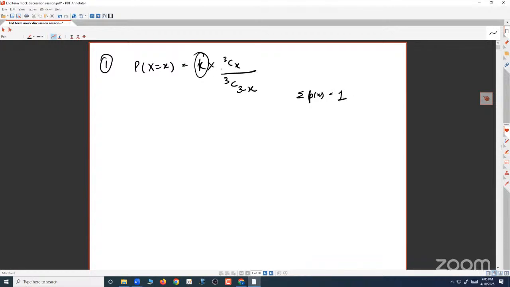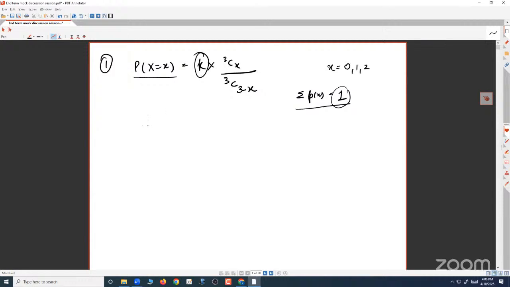So if I calculate the sum of all the values, for all x taking values 0, 1, 2, and put the values of x here, I will get the probability mass function. After getting it, if I sum it, it should be equal to 1. So if I equate this equation, I will get the value of k.